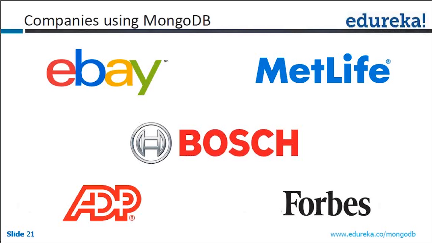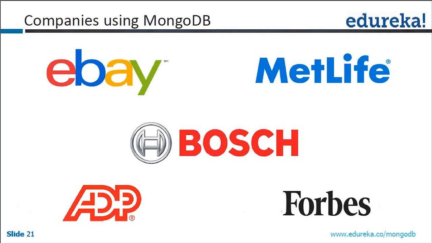For geographical location specific applications, they use MongoDB today. Logging is one of the key things. We have seen clickstream management and logging. People can use MongoDB for these today.